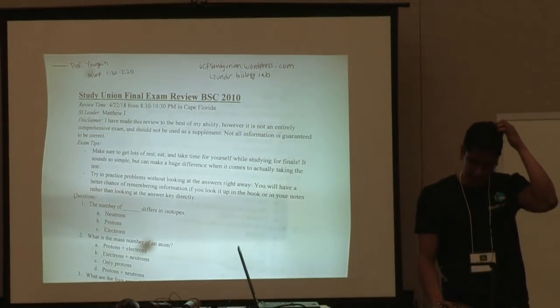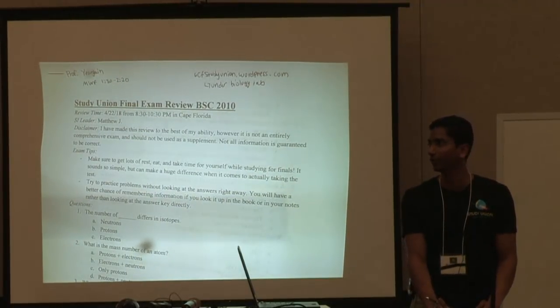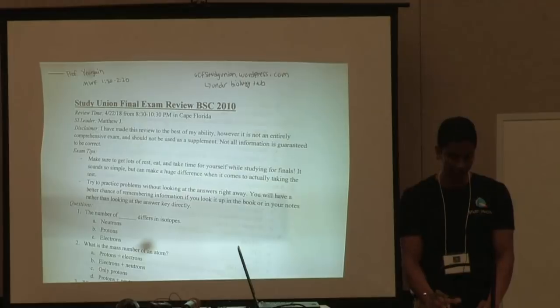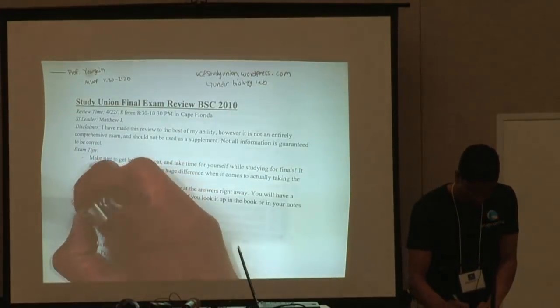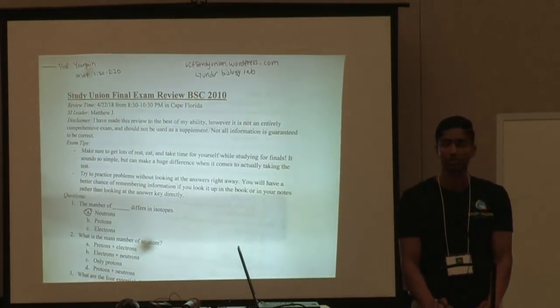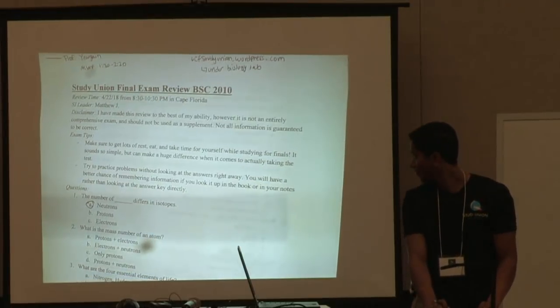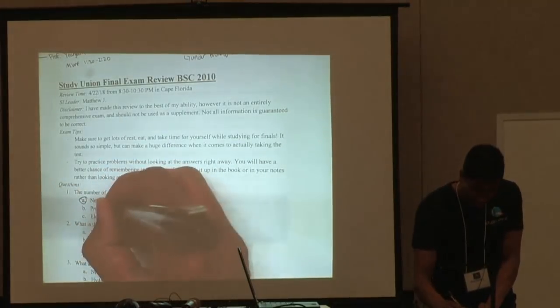All right, so who can tell me the number of what differs in isotopes? The number of what differs in isotopes? Neutrons, great. So what happens if you change the number of protons? Good, it's a different element.